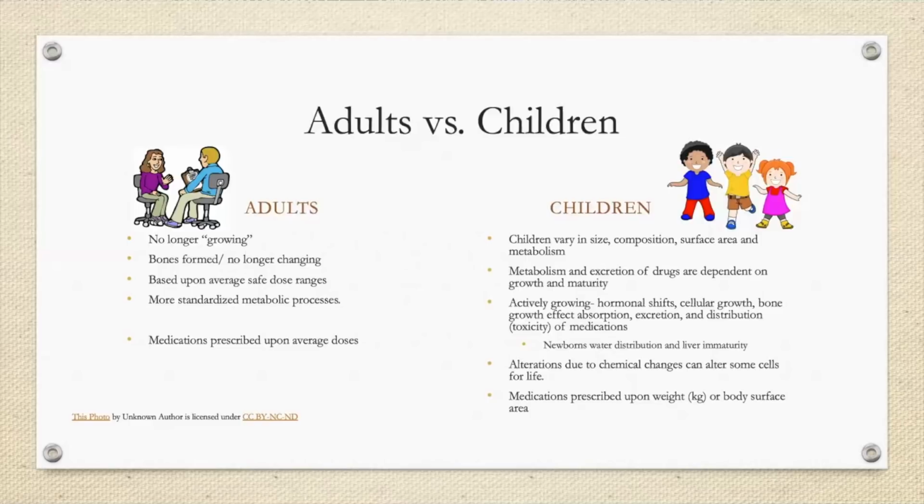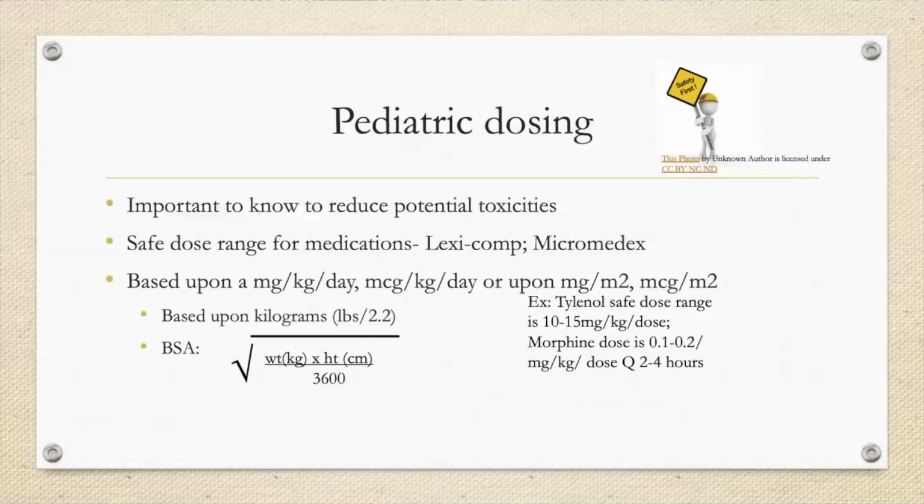An example of this is medications that can't be given to children because they may stain their teeth, or cannot be given IV because of certain changes that will be altered for the rest of their lives. Most medications are prescribed upon a weight in kilograms or a body surface area.